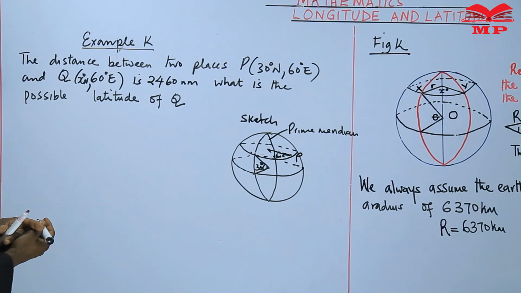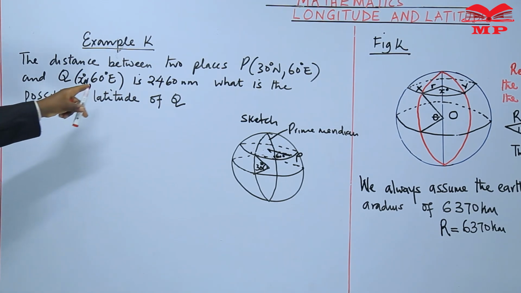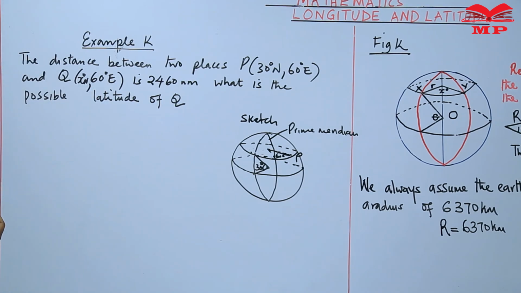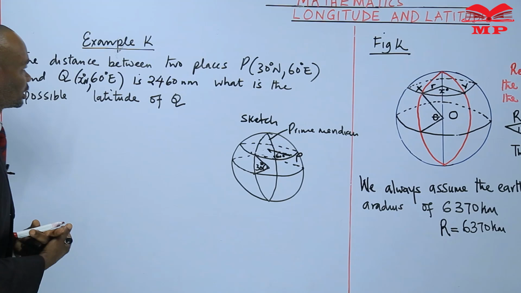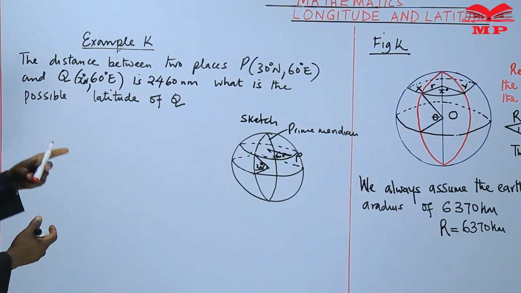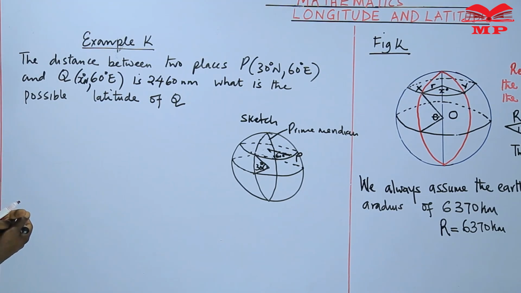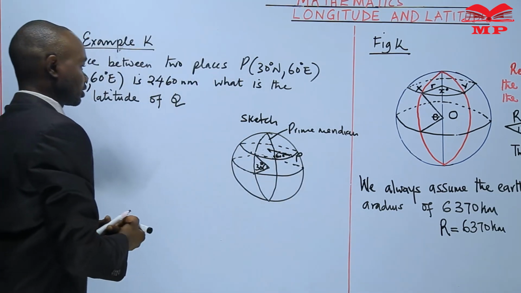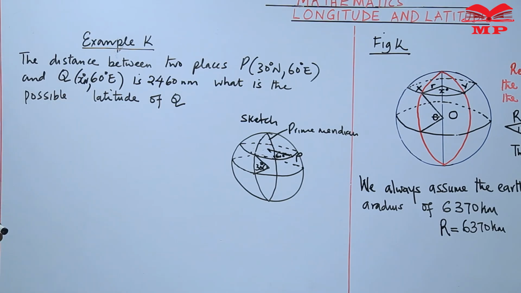That is point P. There is still another point, on the same longitude, but it is still east. We don't know that distance. We don't know the possible latitude of Q. So it can either be to the west or the east. Here the longitude difference is not known.